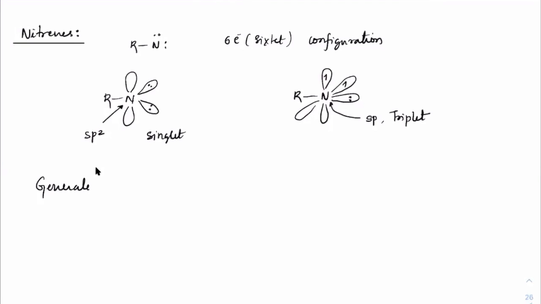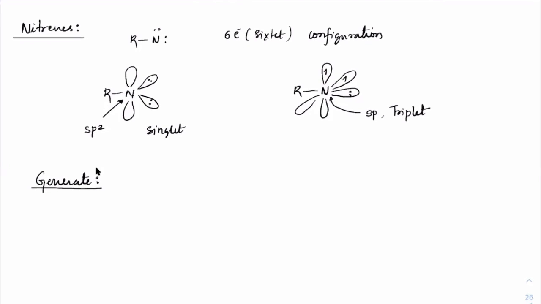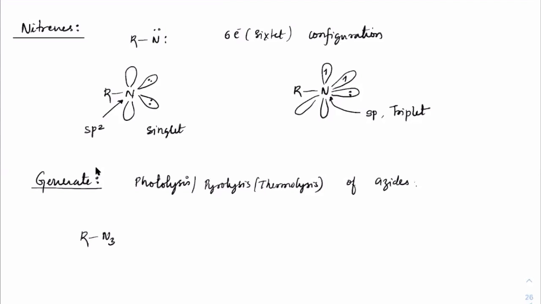How do we generate it here? Generation is by photolysis. Most of the time it is by photolysis or by pyrolysis. Pyrolysis is also called thermolysis, okay? So basically it's all about using heat on azides. For example, if you have azides, azide is RN3.